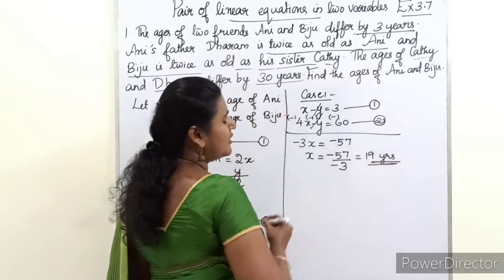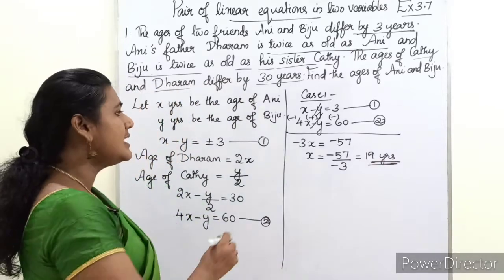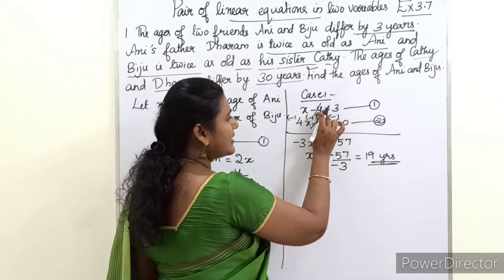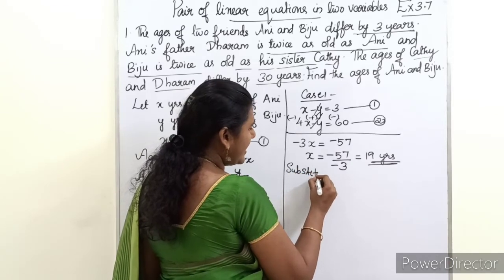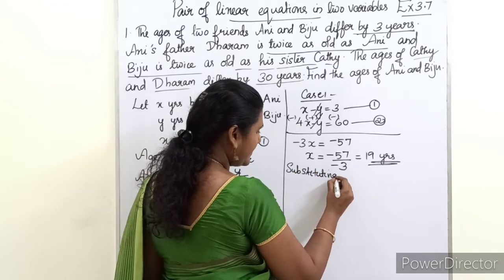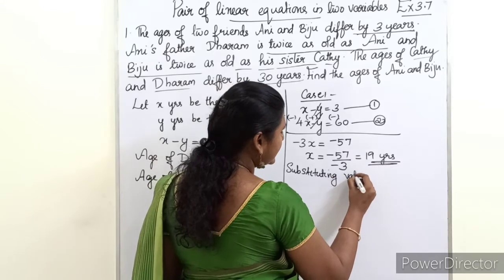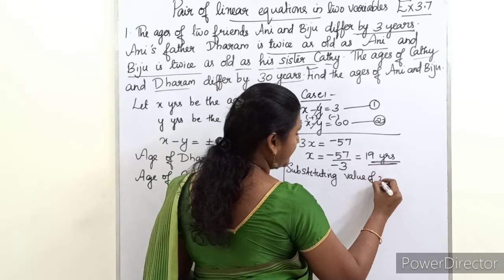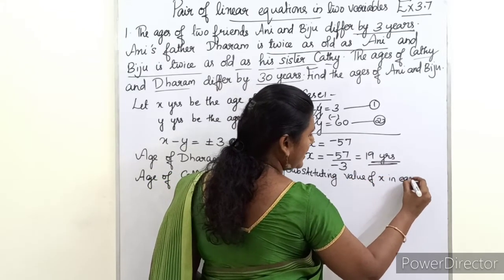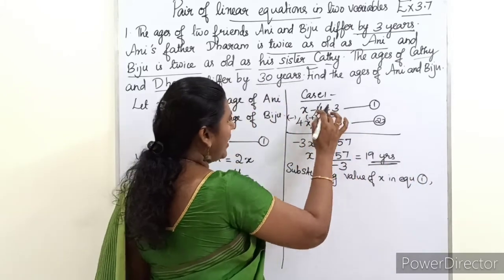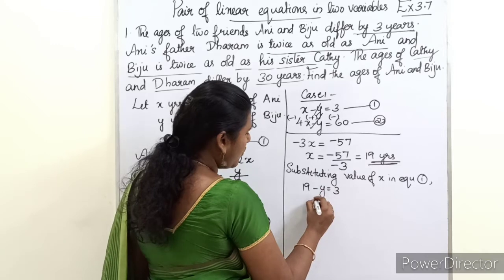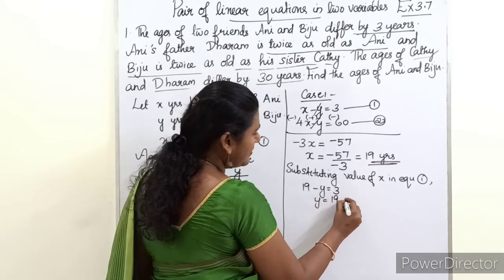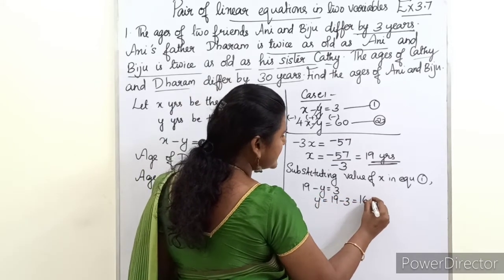This value we will substitute in the first equation. So 19 minus Y is equal to 3, so Y is equal to 19 minus 3, which is 16 years.